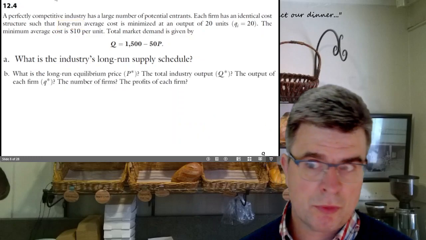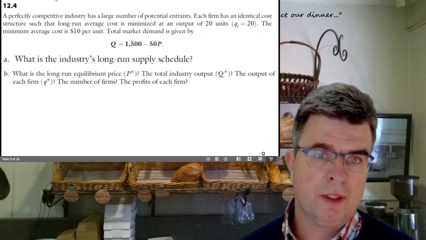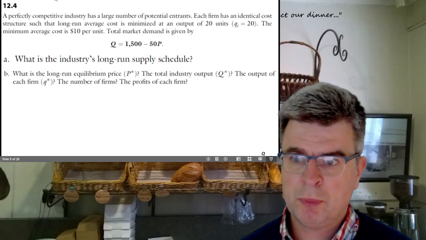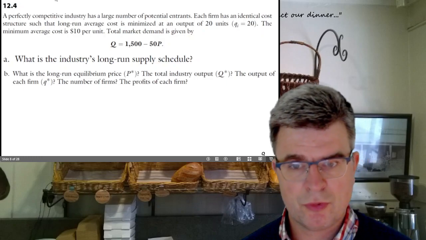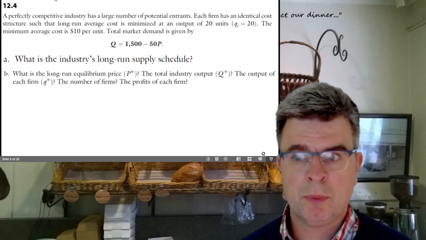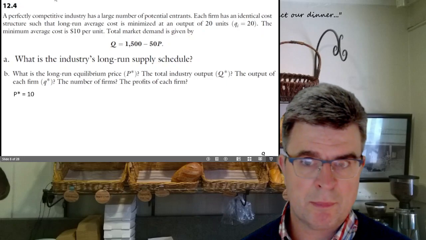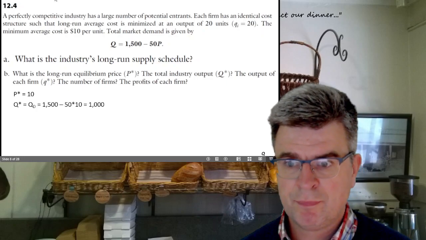Then we can move on with question B. What is the long run equilibrium price, the total industry output Q star, the output of each firm, the number of firms, and the profits of each firm? We already know that the output of each firm is equal to 20. We also know that the equilibrium price is equal to 10.